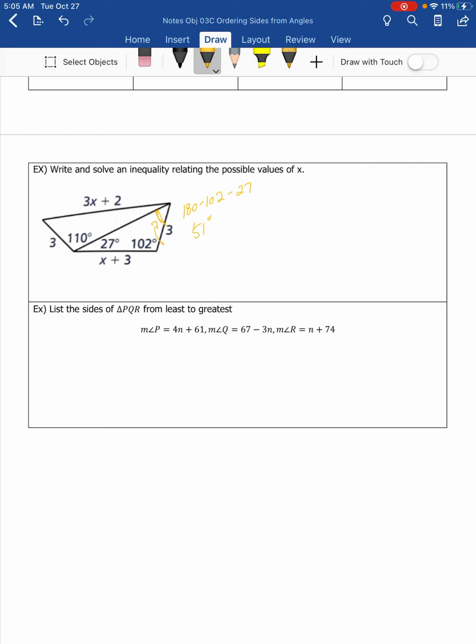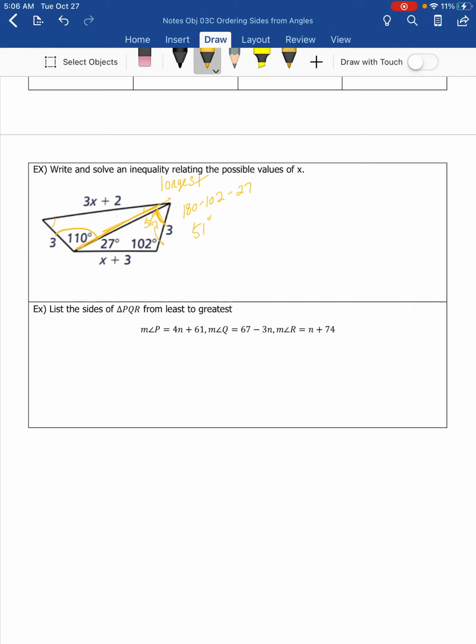So in this triangle right here, since this is 51 degrees, I know for sure that this side is the longest side, okay? In this triangle right here, we have that 110 degrees.